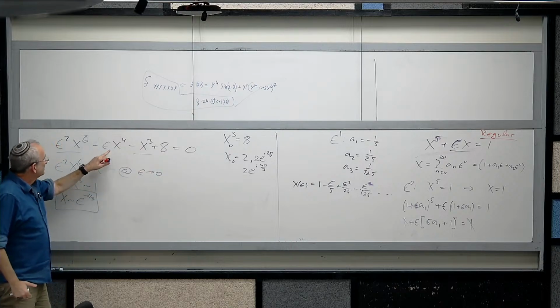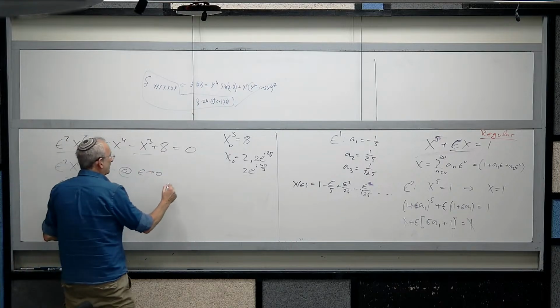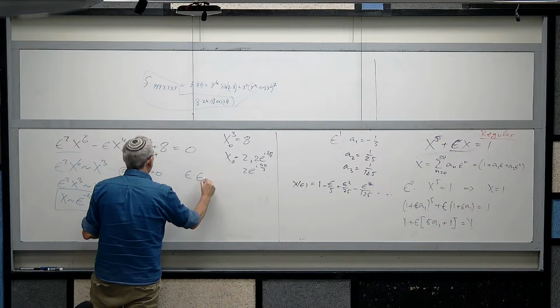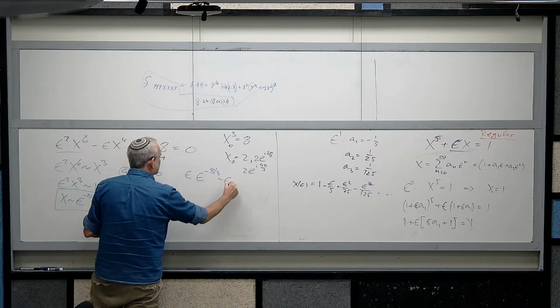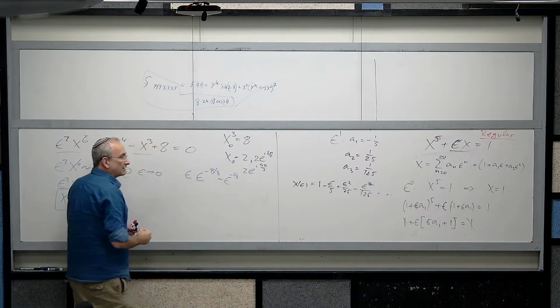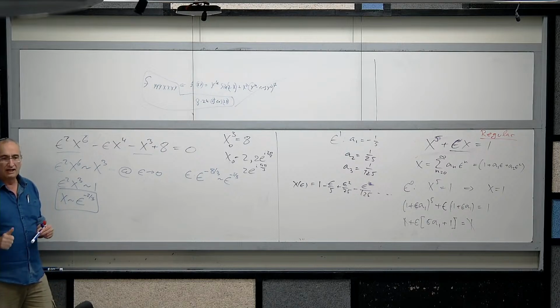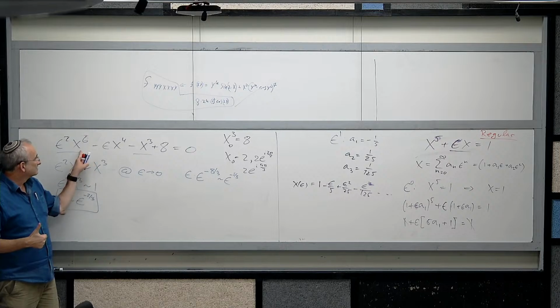And this term will behave like epsilon times epsilon to the minus 8/3, so it's epsilon to the minus 5/3. They diverge slower as epsilon goes to 0. So the dominant terms will be these two.